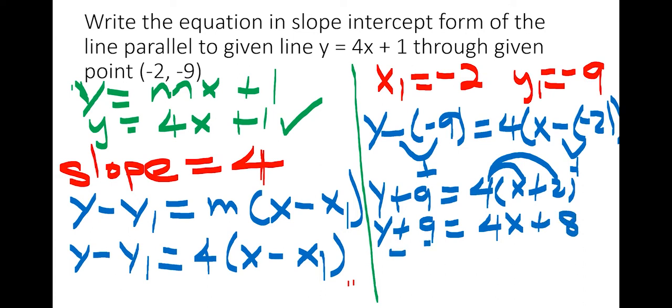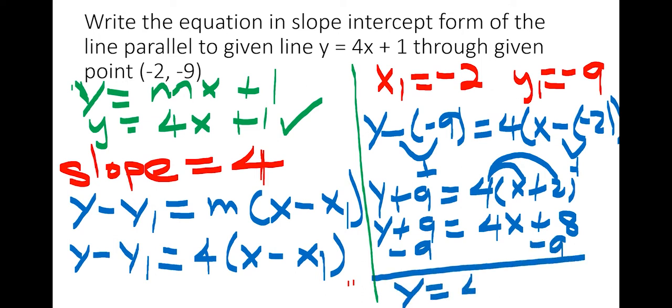Now we subtract 9 from both sides to undo addition, because we want y by itself. We have y equals 4x minus 1. It's in slope-intercept form, and this is our equation.